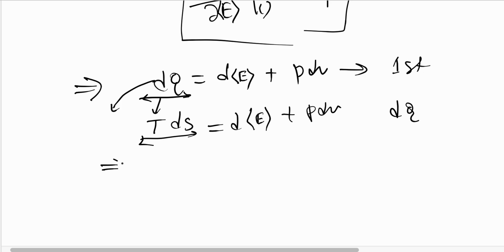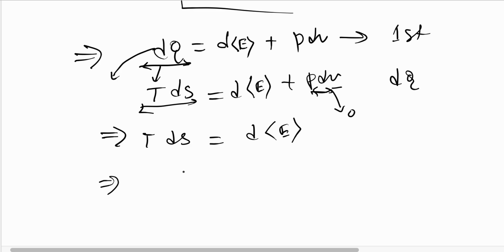Now, these two laws, the first law and the second law of thermodynamics, talk about equilibrium thermodynamics; no non-equilibrium things are going on. If I change one thing while keeping every other thing constant, that means if I keep V constant, the PdV term becomes 0, so TdS becomes d of average energy.